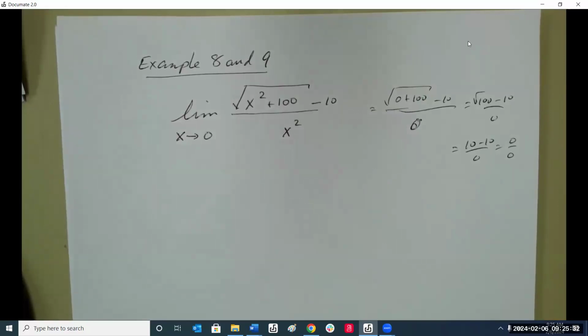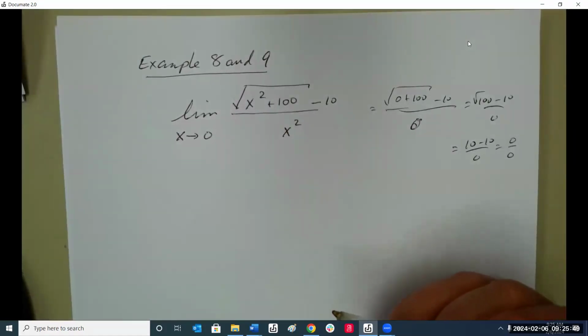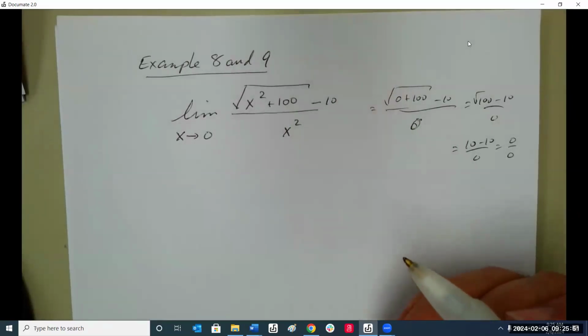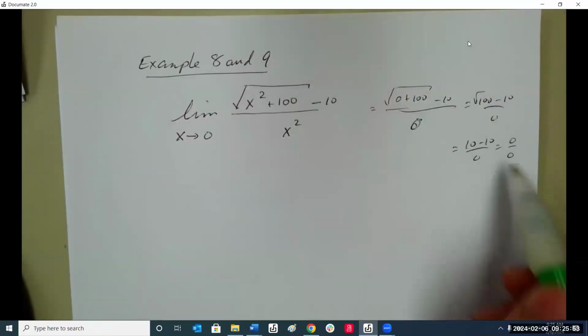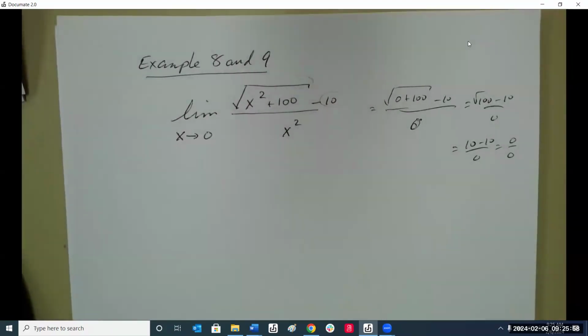Actually, okay, next time I will put together an Excel spreadsheet and I'll show you how to program this kind of stuff in there. I can do it now if you want me to, but to me, it's just a waste of time. We can do it this way. Algebraic is faster. So if you have something like this, we have to rationalize the numerator. What makes this thing zero is the top, where this is equal to this.